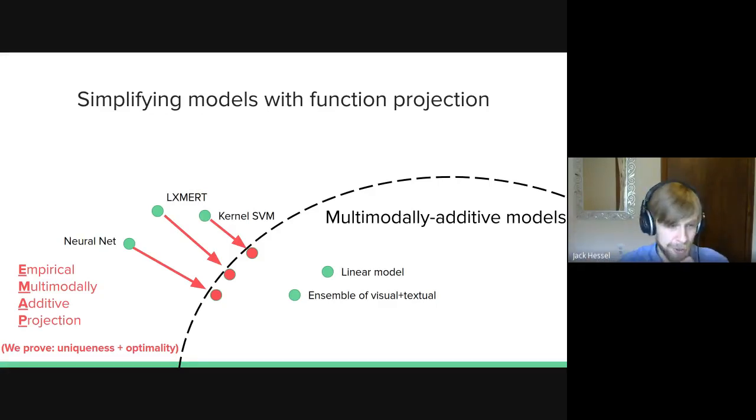We're calling this empirical multimodally additive projection. So we're taking the predictions of our very sophisticated models and forcing them to not do any cross-modal reasoning while ensuring that the resulting projections are as close as possible to the original predictions. And you can prove nice things about this algorithm. It's implementable in like 10 lines of code. It's a simple model diagnostic to do in practice.